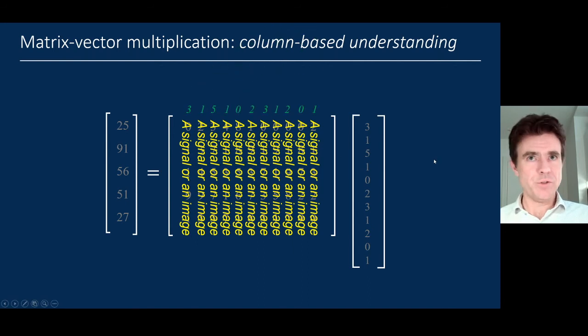And now, you see what I've done there? I've taken the input vector x, and I've just, for illustrative purposes, placed each of the values along the top of the matrix there. That's just for illustrative purposes. It's not a standard way of doing it.